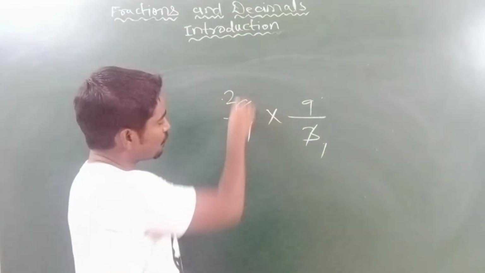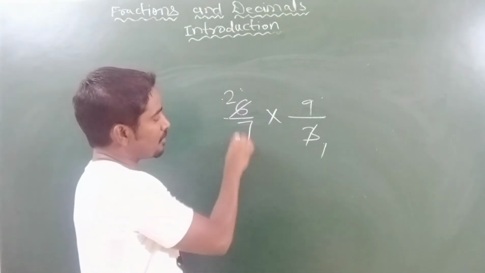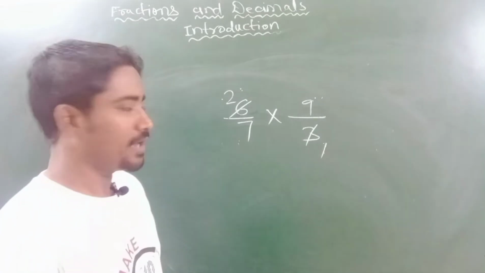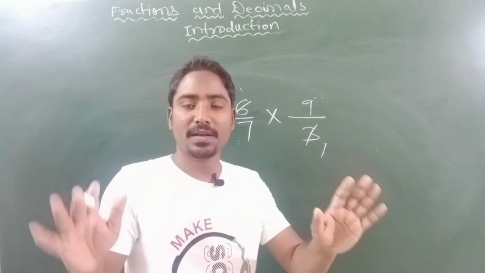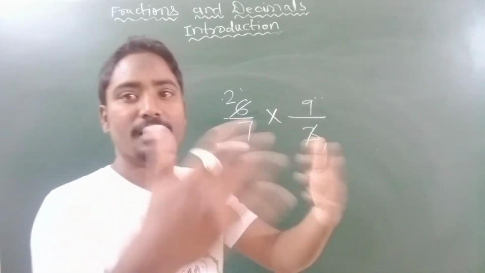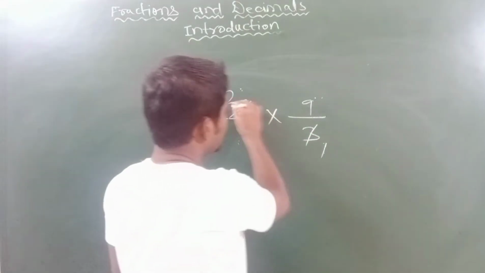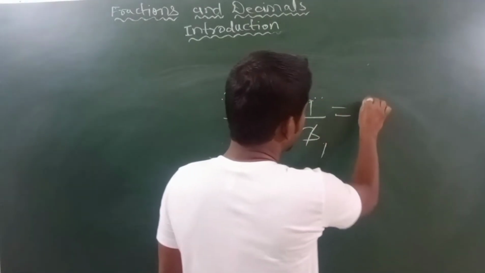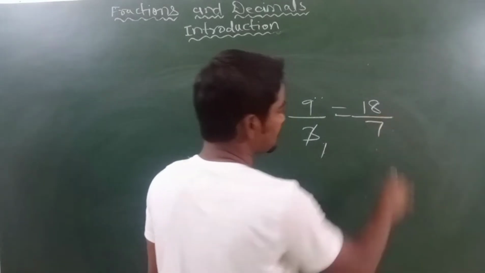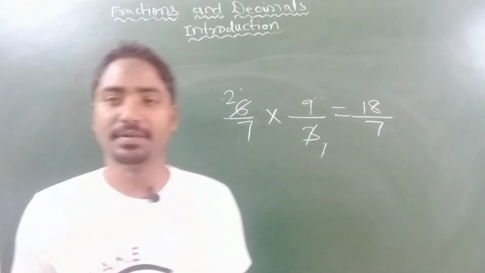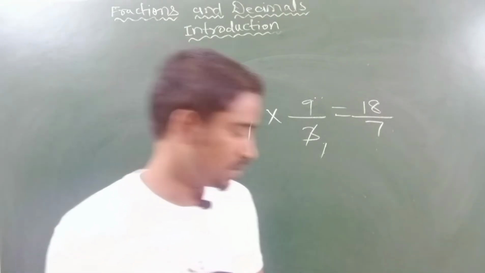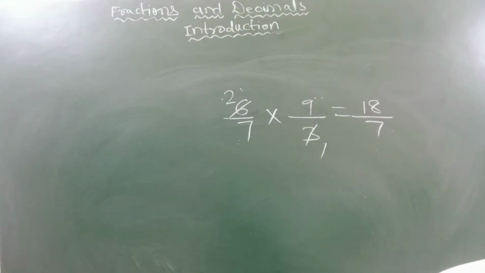Now between 2 and 7, no common factor, and between these two no common factor. No more simplification is possible, so multiply the numerators, then multiply the denominators, and then write the answer. Here you have 9 into 2, that is 18, and here 7 into 1, that is 7. So 18 upon 7 will be your final answer. I hope you understood this topic also.